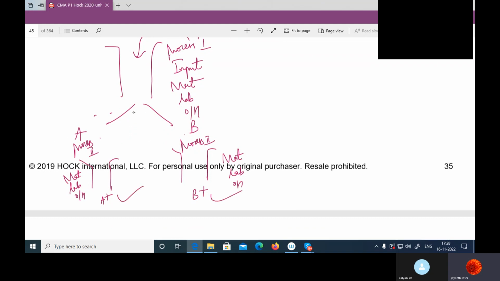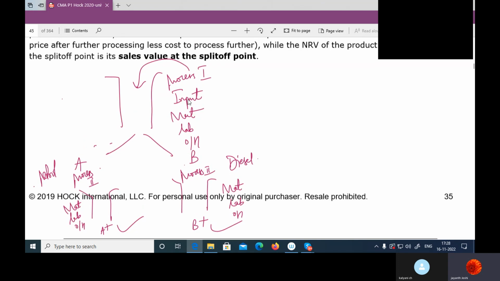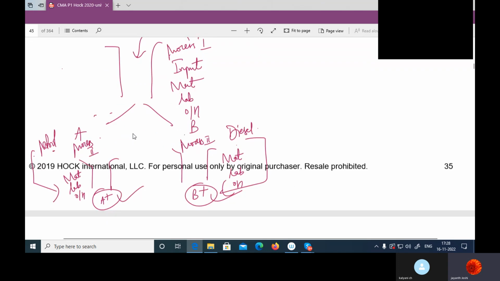How? We got a product called petrol here, and we got diesel here, correct? So what was the cost here? The cost was just for raw material, that is crude oil, correct? Here you have two different materials, each giving you just one single product. So here you can easily find out the cost of this single A plus and B plus. Why?